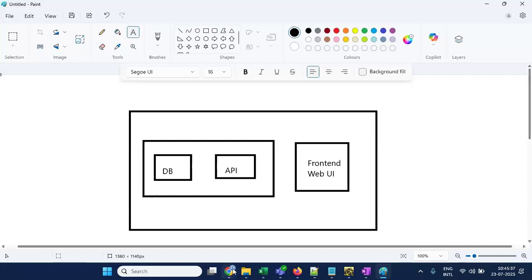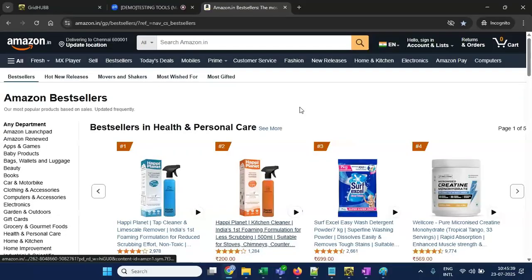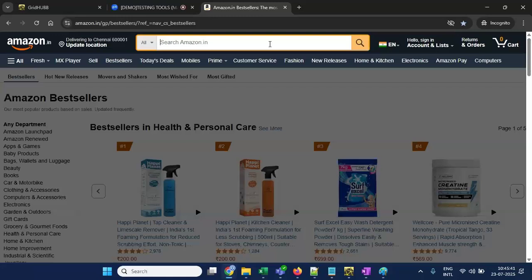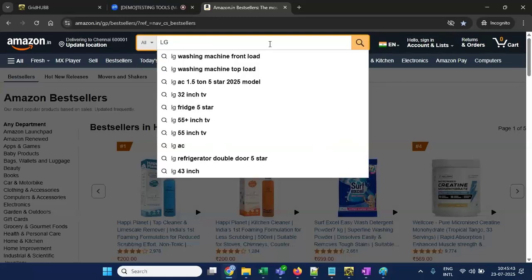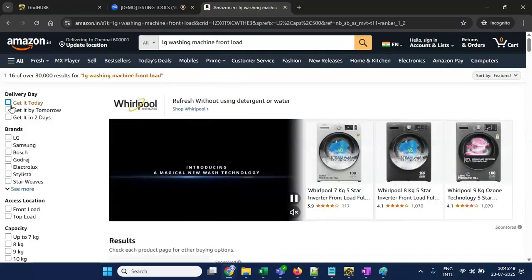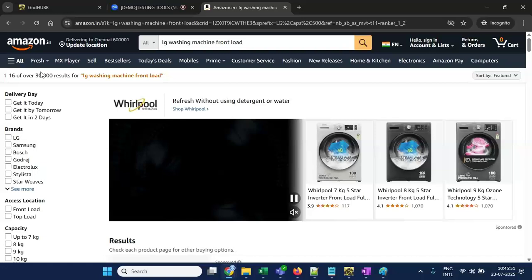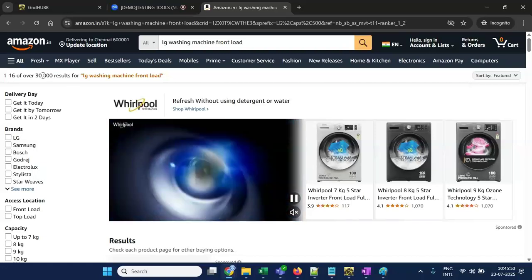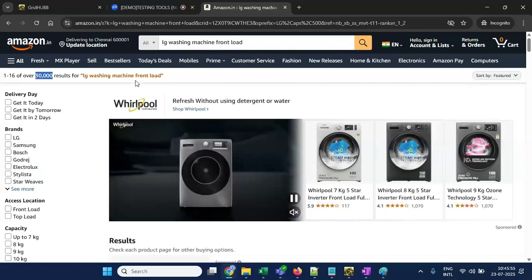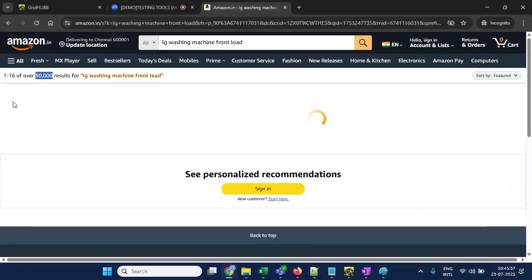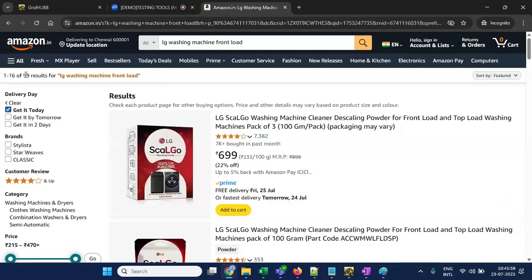So let's open this one. Let's search for an LG washing machine or something. You get some records related to LG. You got 30,000 results of LG washing machines. If you want to get it by today, how many results will come? It will be reduced to 99 only.